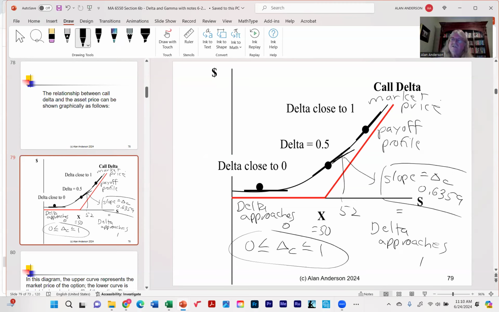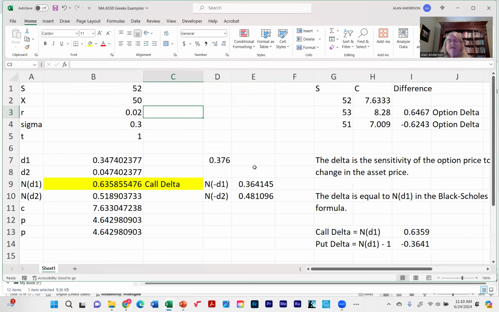You can see why, because the curve is changing. Same thing with a put, except that as it gets deeper in the money, the put delta gets closer to -1. And as it gets further out of the money, the put delta gets closer to 0.